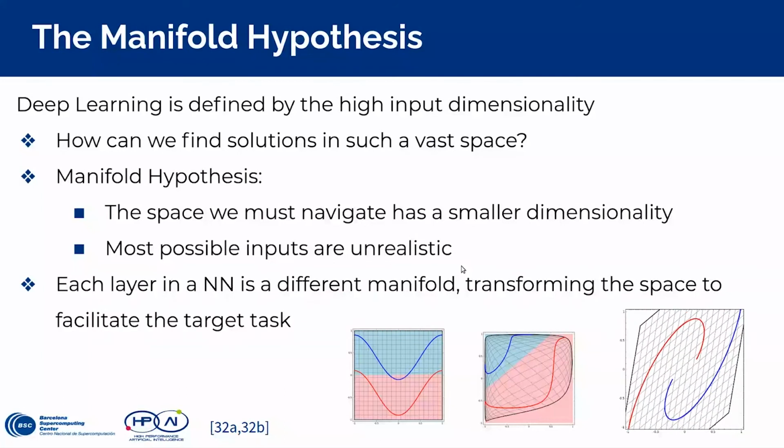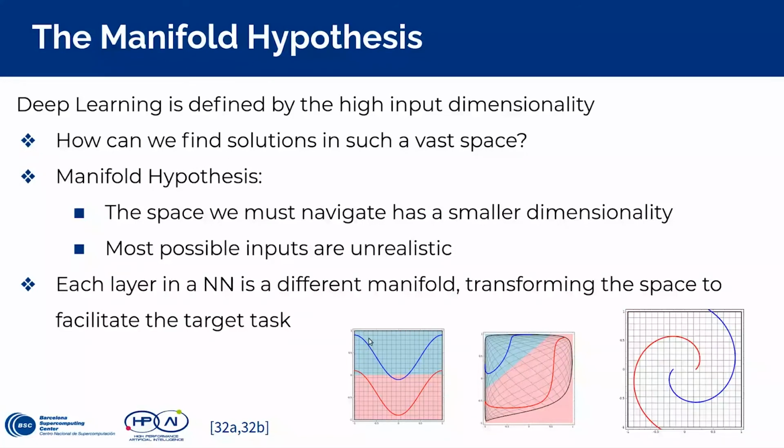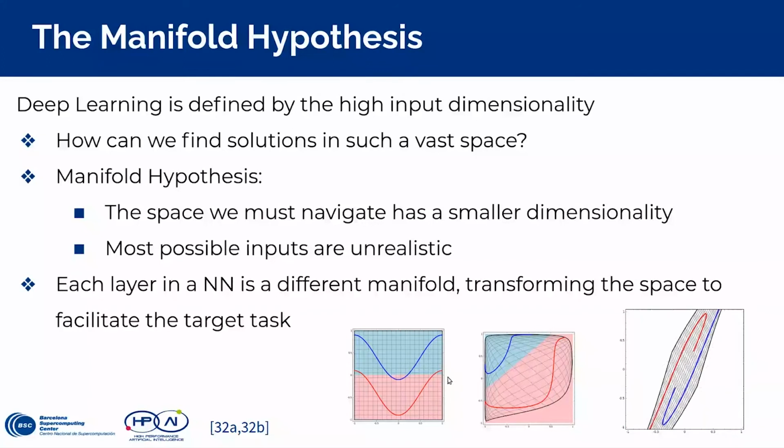To have an idea of how neural networks work with these manifolds and embedding spaces, imagine this. We have two types of data, the red and the blue, and the neural network's task is to separate this data. If we try a linear approach, it will fail because you cannot separate this linearly.